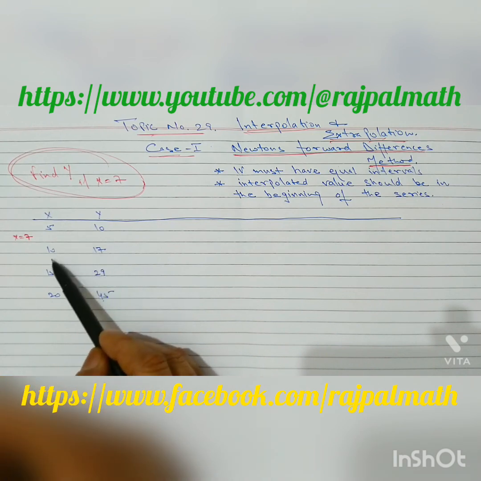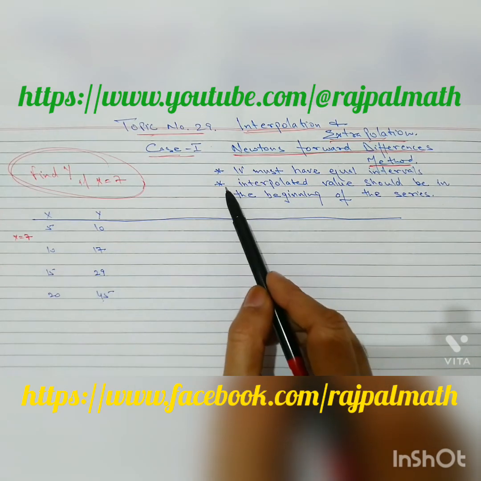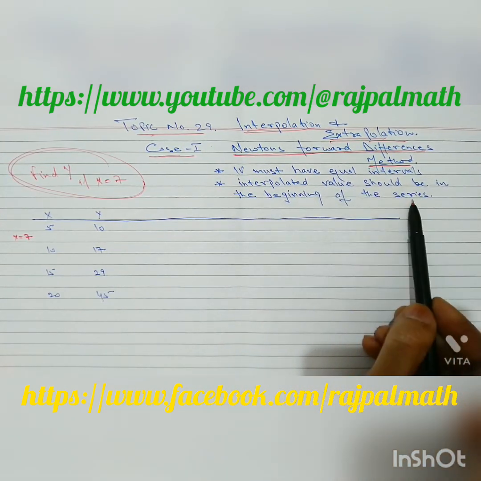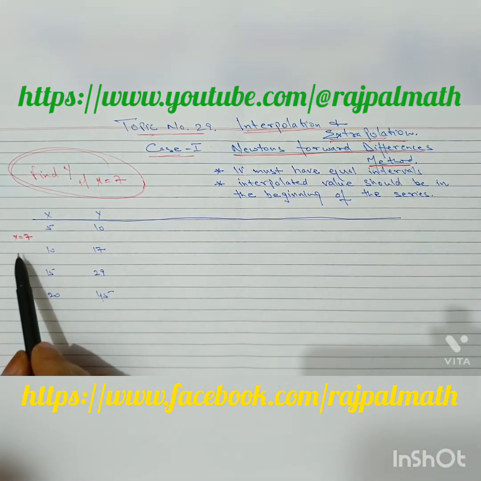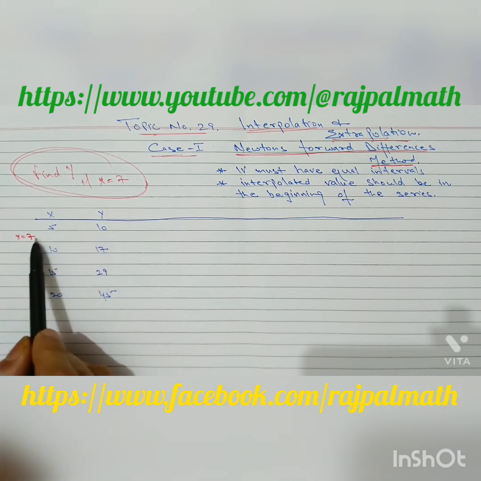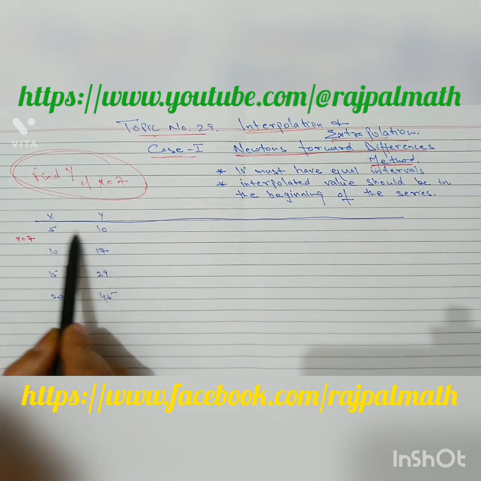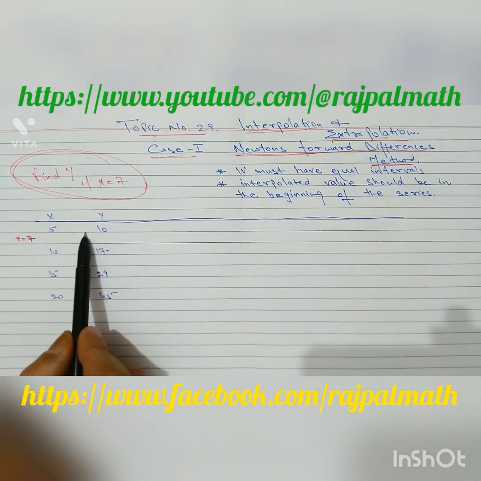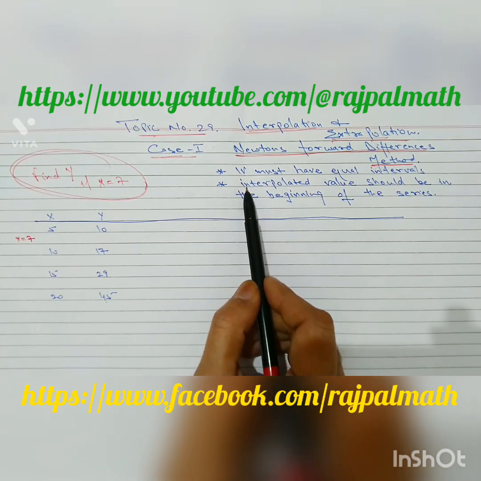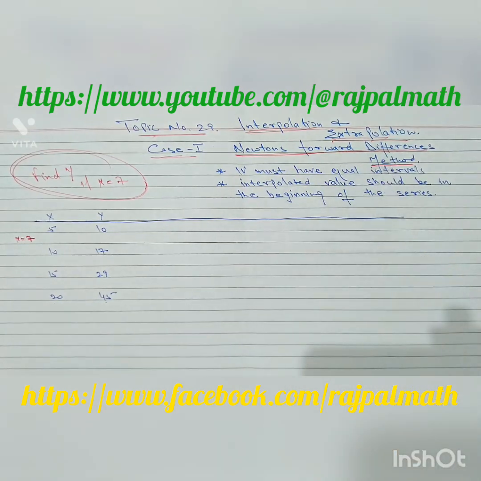A difference of 5 is there, so the first condition is satisfied. Number 2, the interpolated value should be in the beginning of the series. Here x equals 7 lies in the beginning of the series. Therefore the second condition is also satisfied. Now we can apply Newton's forward differences method.